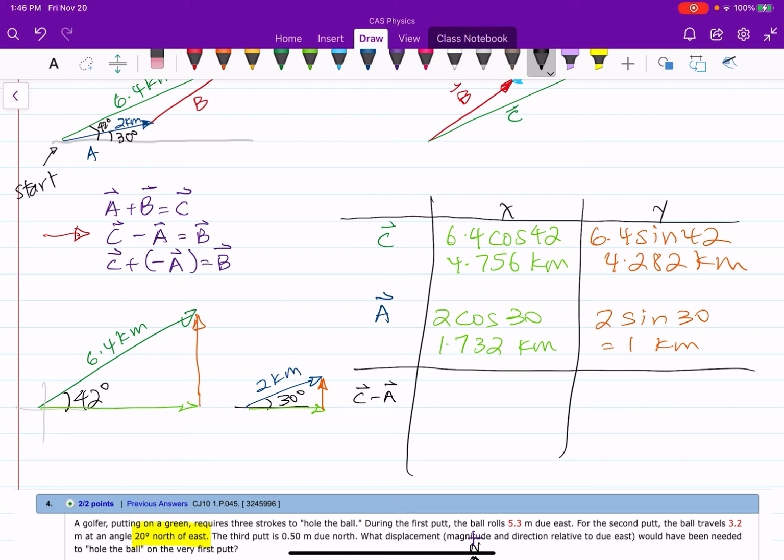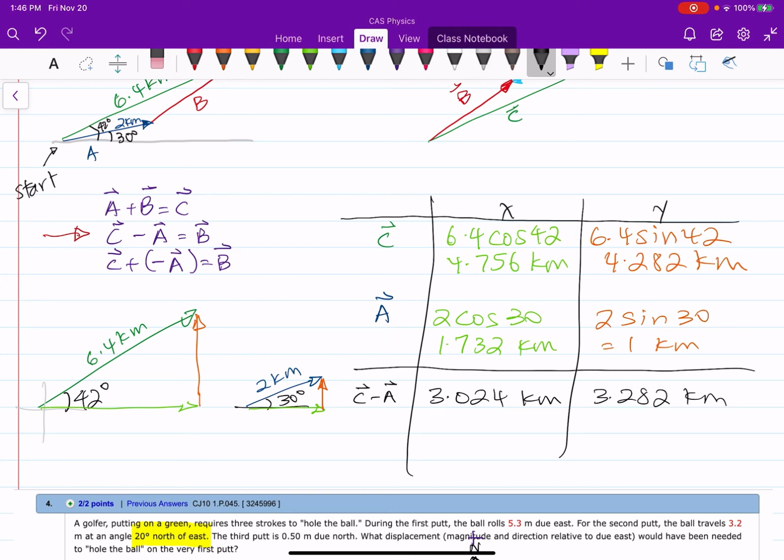So 4.756 minus 1.732, we get 3.024 kilometers. And then for the y component, 4.282 minus 1 is just 3.282 kilometers.